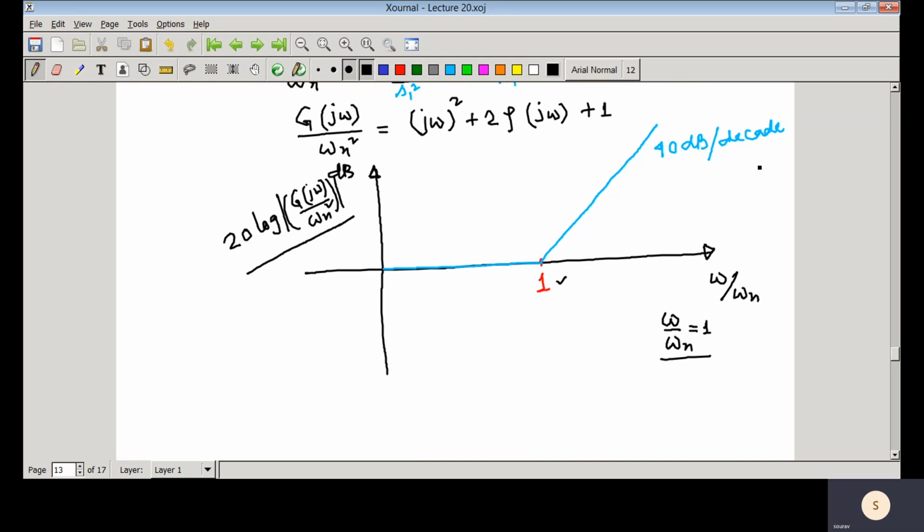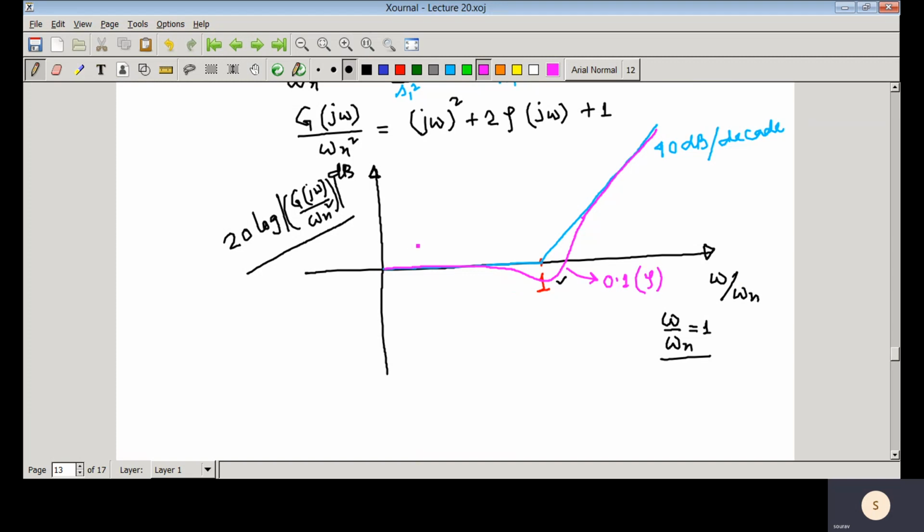And here, what would be the correction at this particular point? That means at corner frequency, we can see here that whenever zeta is small, suppose this is 0.1, when zeta is 0.1, the correction would be like this.